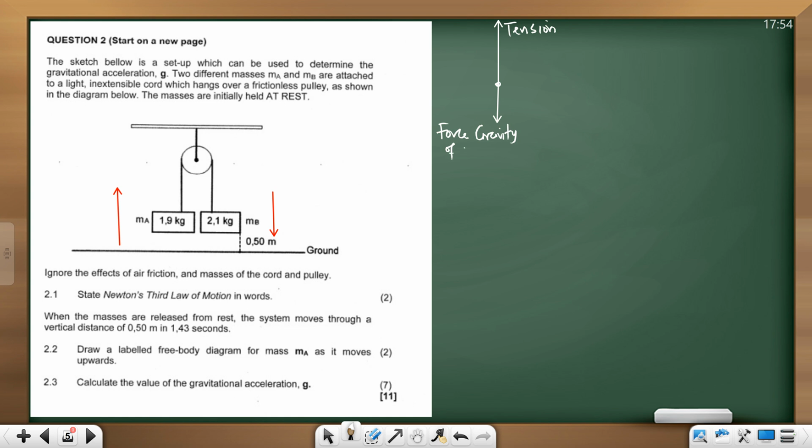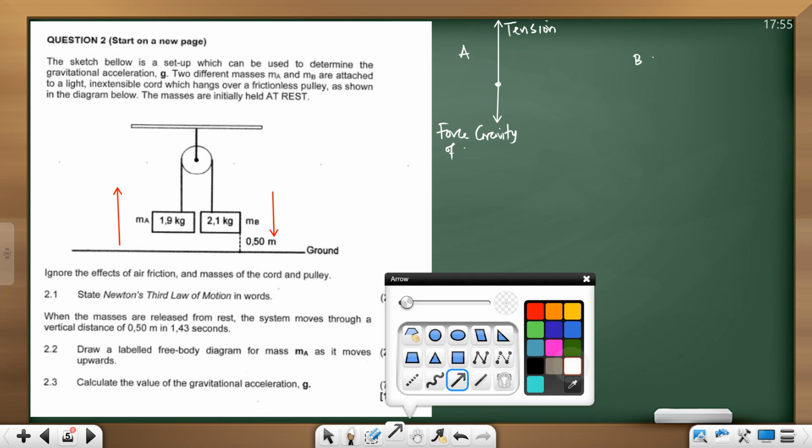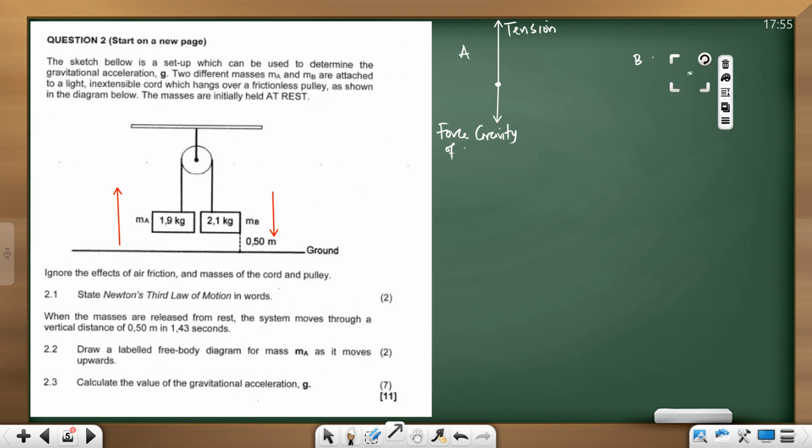Calculate the value of the gravitational acceleration G. Okay, so we are now looking for G. All right, let's see something here. On the B, okay, this one is A, right? Let's draw for B. What are we going to have? We're actually going to have the same forces, right?